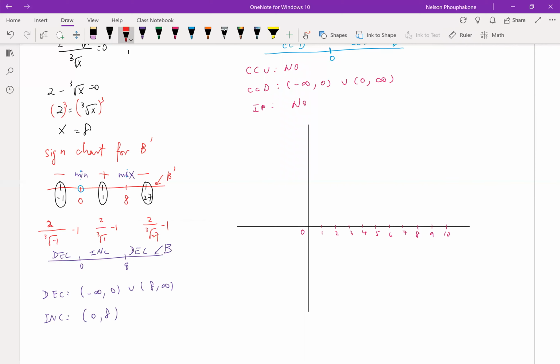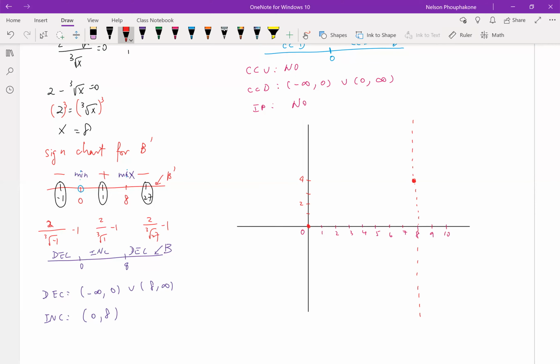Remember, we have a local minimum at 0, 0, and we will have a local maximum at 8, 4, right? 1, 2, 3, 4. So this is my local maximum.